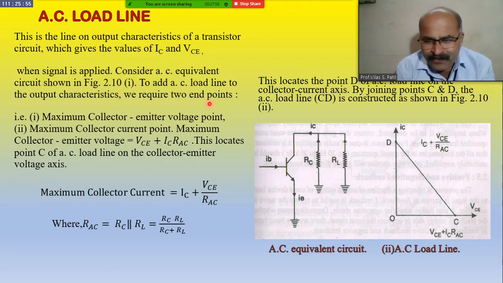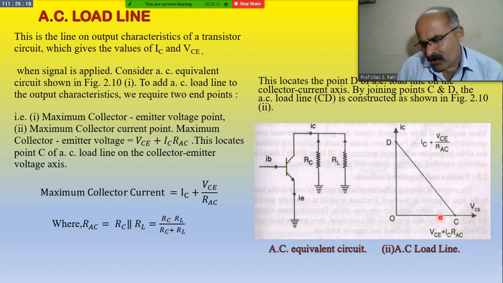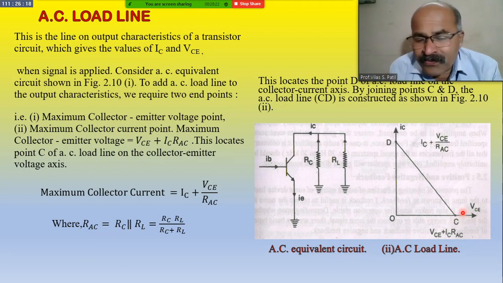We want the maximum value of IC when VCE is equal to 0, and the maximum value of VCE when IC is equal to 0. Maximum value of VCE is point C, when IC is equal to 0.